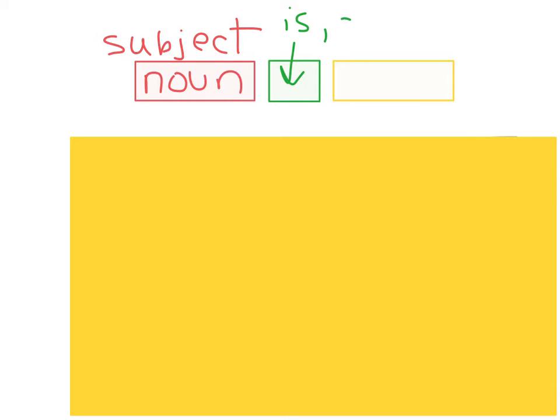I'm just going to put noun. And this noun is going to be the subject of our sentence. And then our verb here is going to be is or are. And then we're going to have a word here that is an adjective.